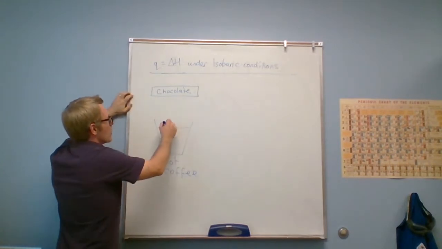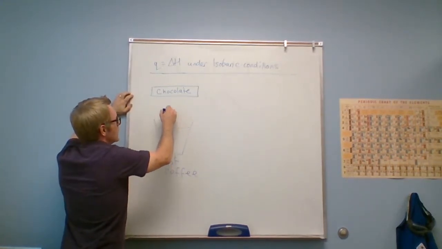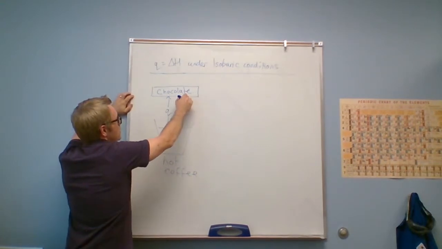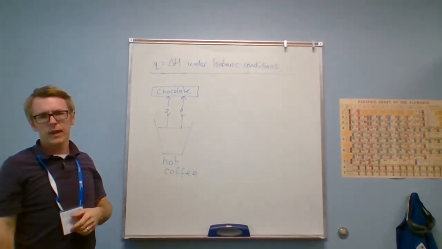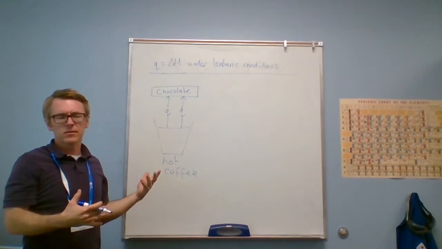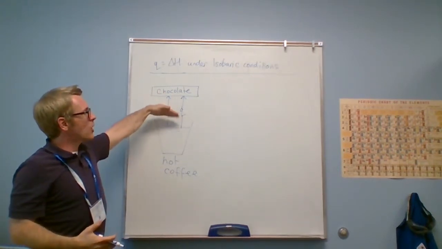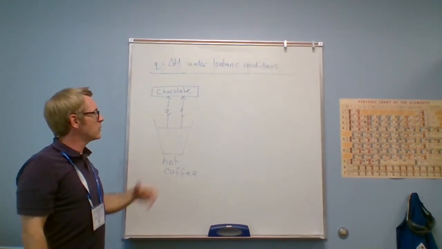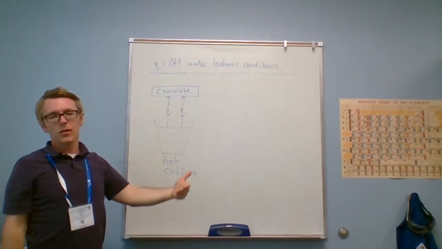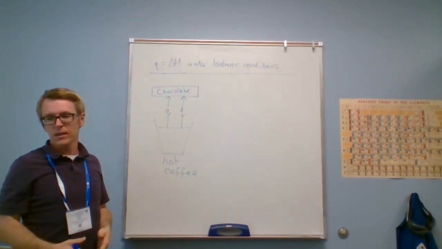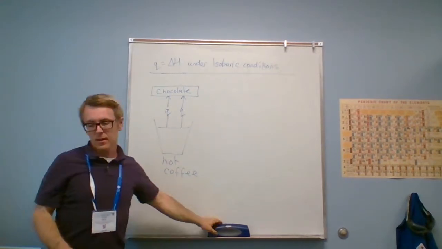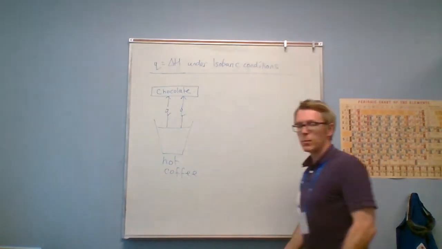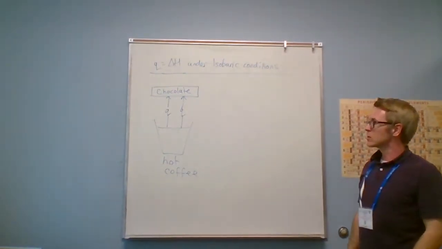So somehow heat is going from the hot coffee into the chocolate bar. It's causing the chocolate bar to melt. But there's no flow of an object called heat. Even when scientists say heat flows, they don't really mean it. It's an unfortunate way that people speak.